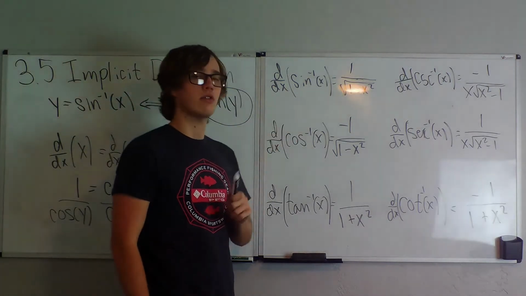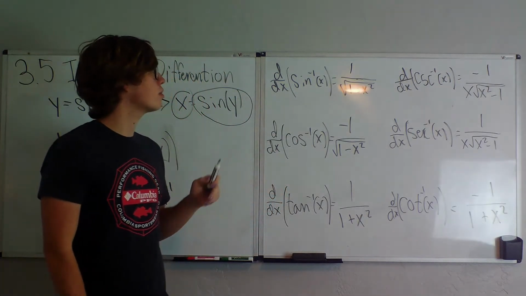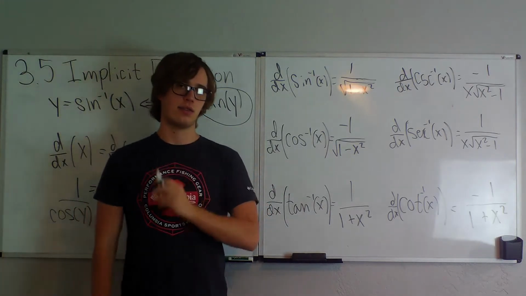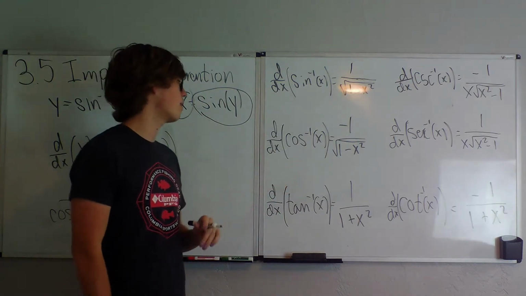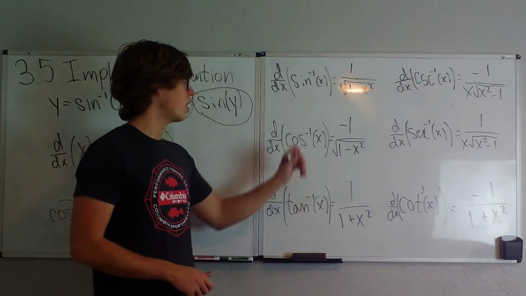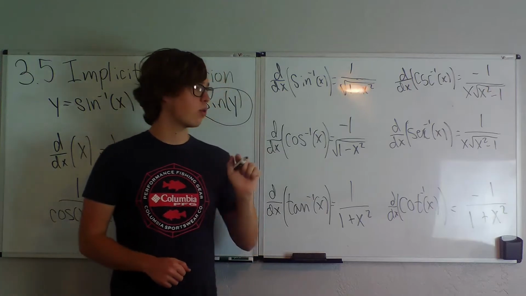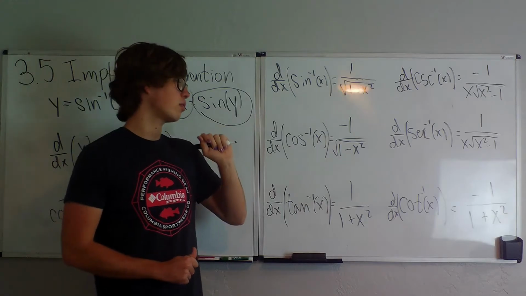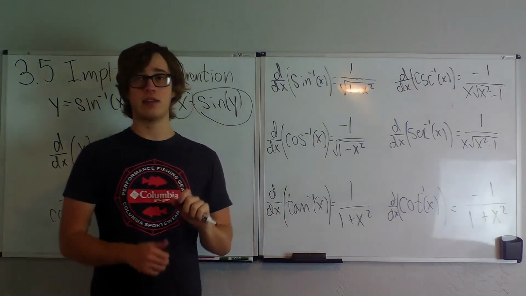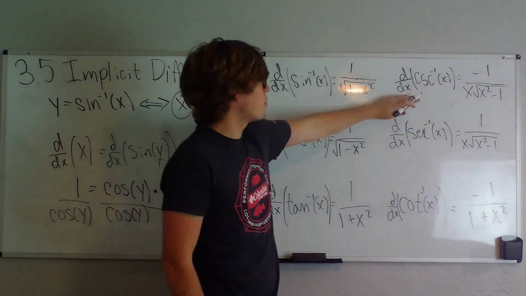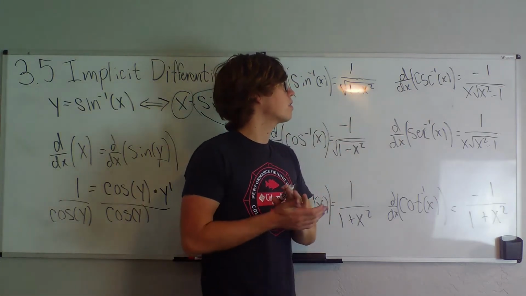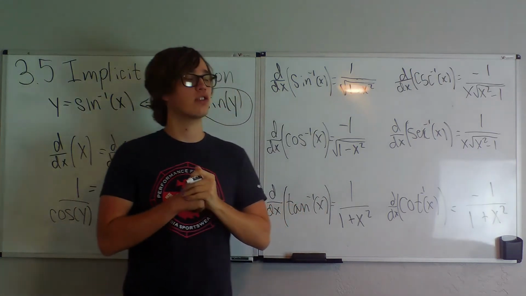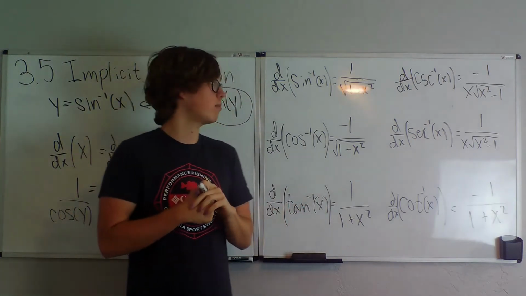So we already found the derivative of sine inverse x is equal to 1 over the square root of 1 minus x squared. Alright? Derivative of cosine inverse of x is negative 1 over the square root 1 minus x squared. Now, derivative of tan inverse is equal to 1 over 1 plus x squared. Now we have derivative of cosecant inverse of x, which is equal to negative 1 over x times the square root of x squared minus 1.